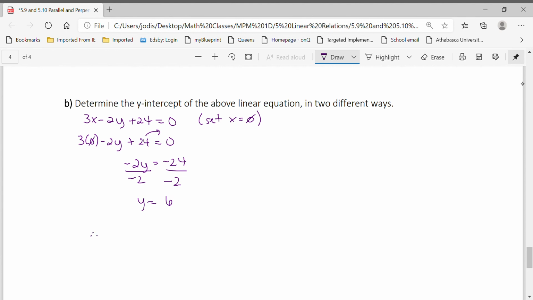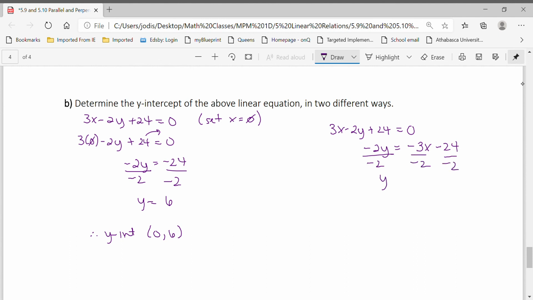A second way, well, we have this standard form equation. We can convert it into y equals mx plus b form, and that would give us our y-intercept. So we have negative 2y equals negative 3x plus 24. Divide everything by negative 2.